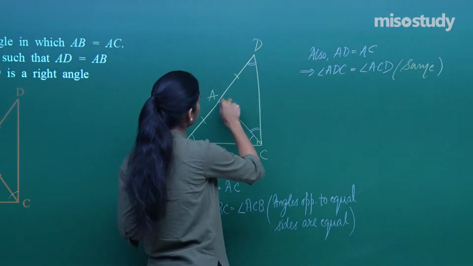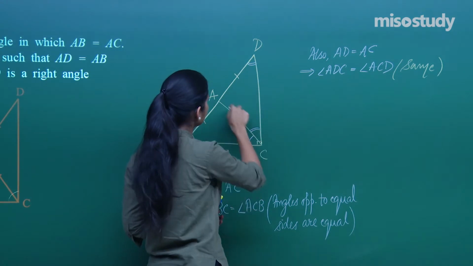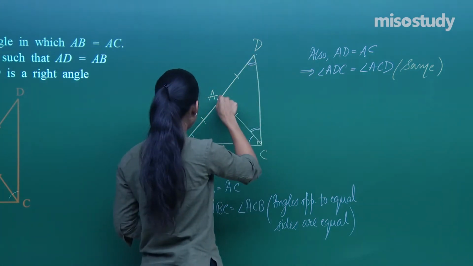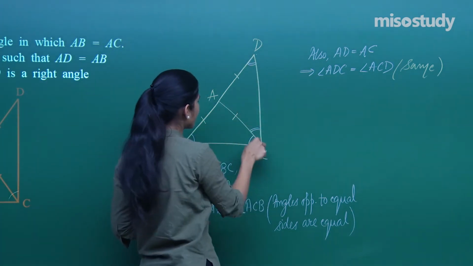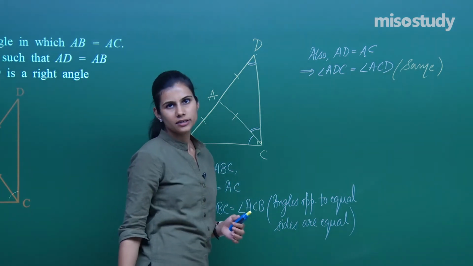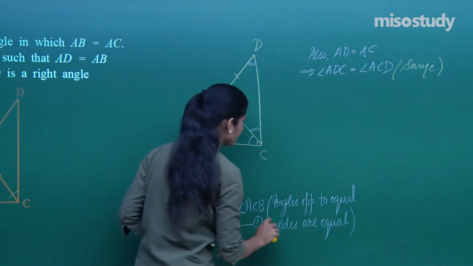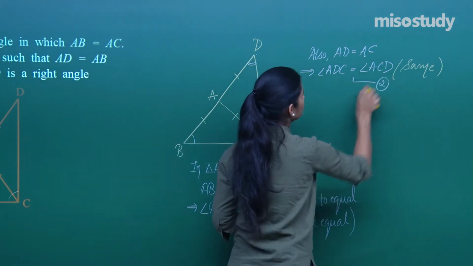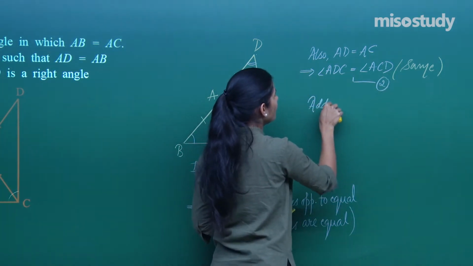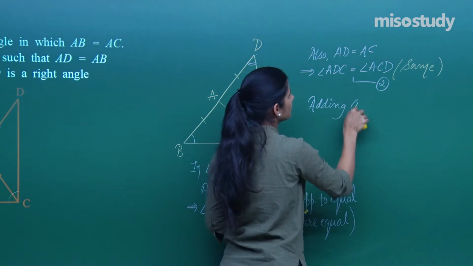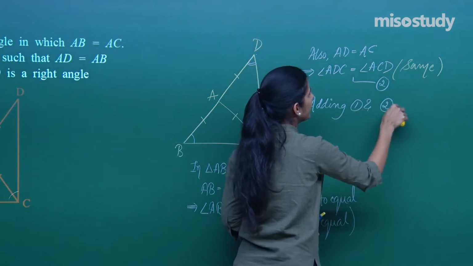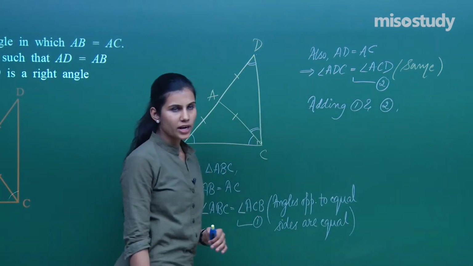Now, if ADC is equal to ACD and ABC is equal to ACB, when I add this and this, let me say this is 1 and this is 2, adding 1 and 2, what do I get? Basically, left hand sides get added and you equate them to the addition of the right hand sides.